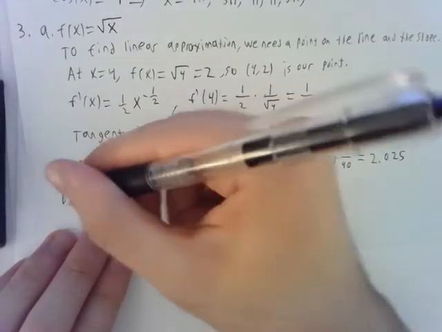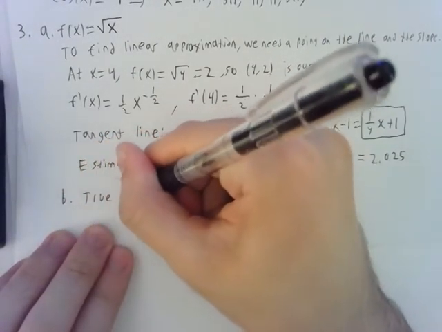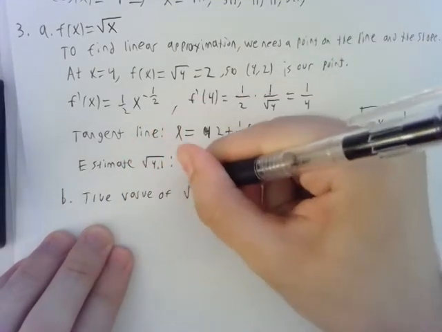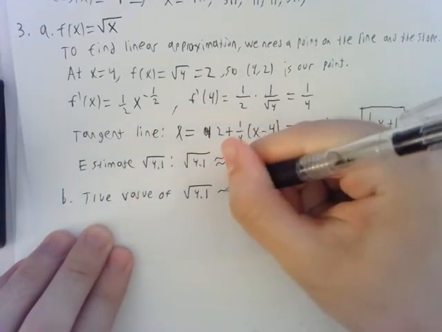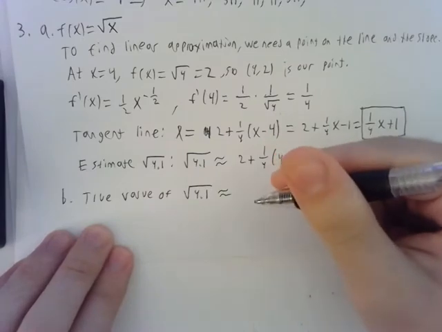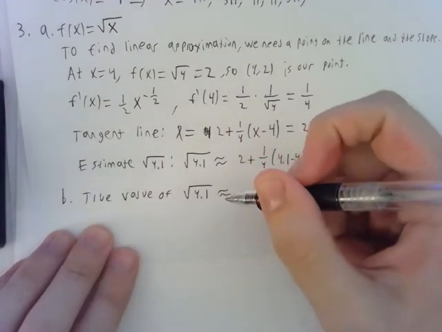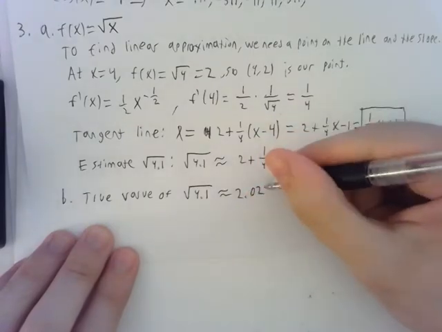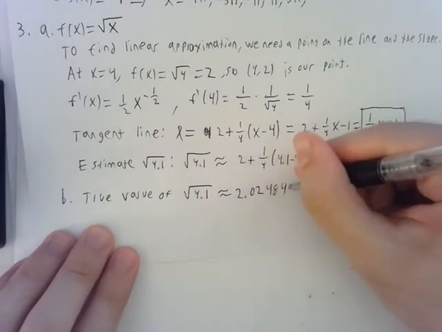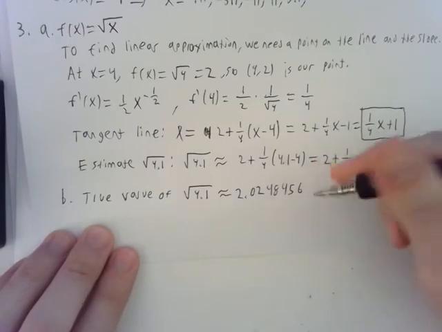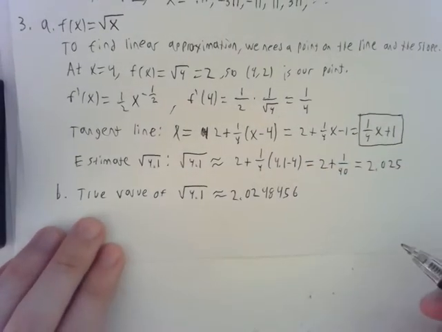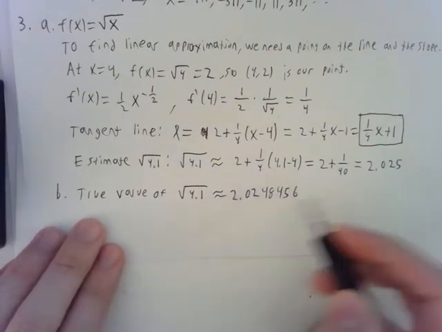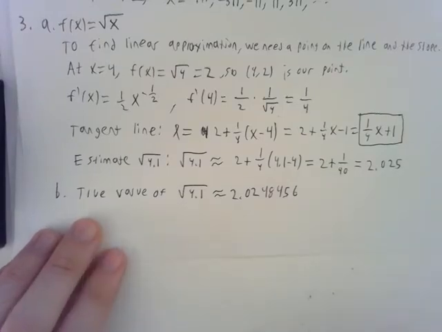Now, the true value of square root 4.1 is approximately 2.0248456. I've truncated the decimal, obviously, that's why I have an approximately here, but this is the number that your calculator will spit out.